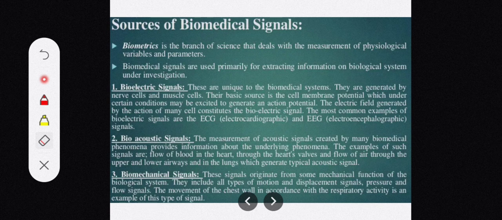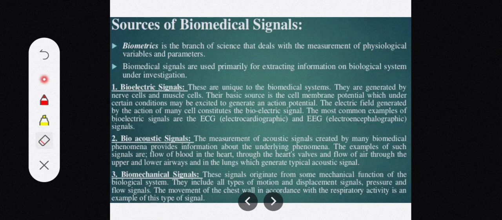I'll be discussing this part in detail in later classes: what is action potential, what is cell membrane potential, and how the bioelectric signals get generated because of these nerve and muscle cells. For the time being, this is just for your knowledge.